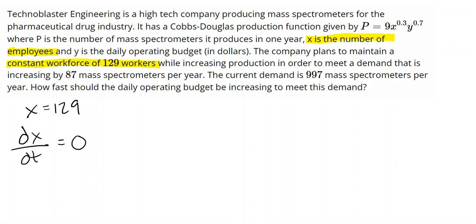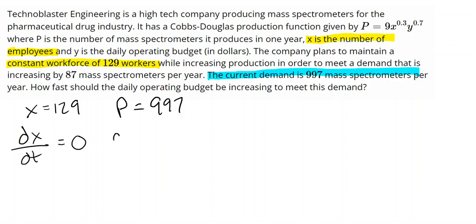The other thing that we can see here is the current demand is 997 mass spectrometers per year. So that would be P. P is 997. And to meet the demand, this is increasing by 87 spectrometers per year.